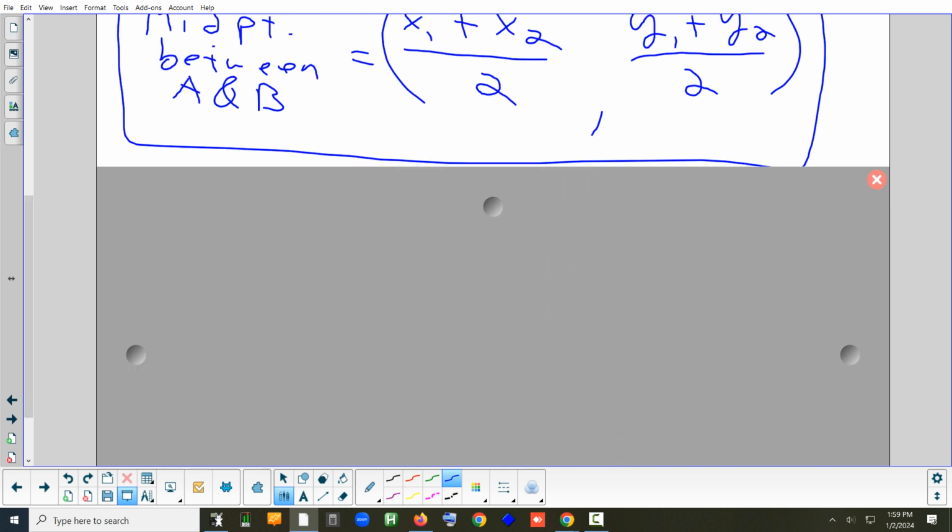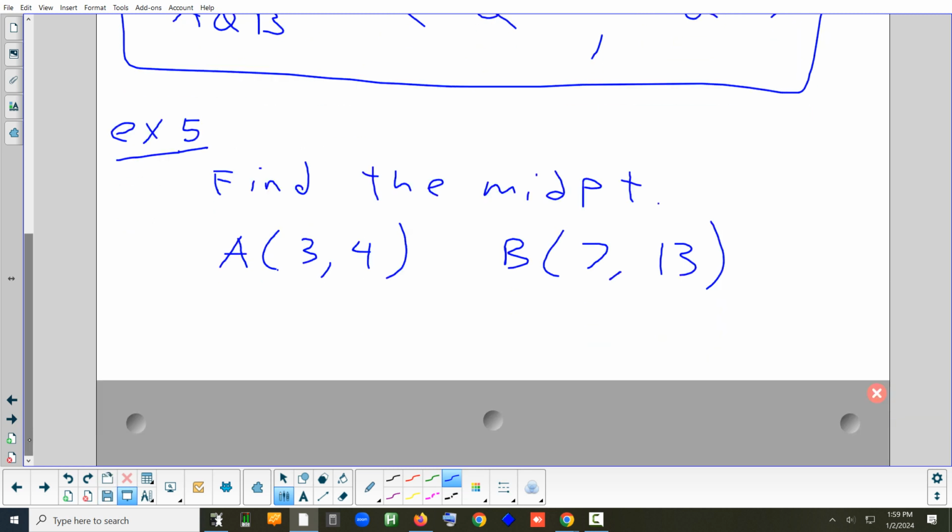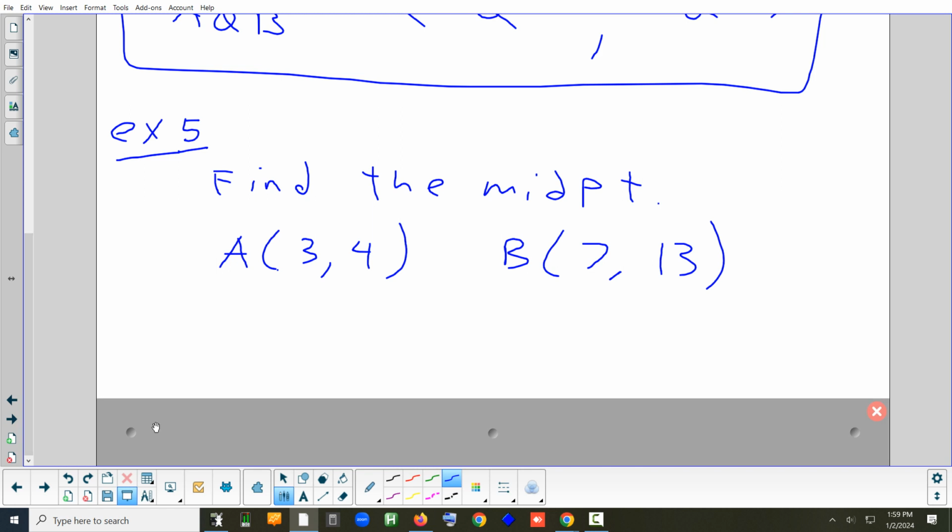All right, so let's find the midpoint between those two coordinates. So you got 3, 4, and 7, 13.